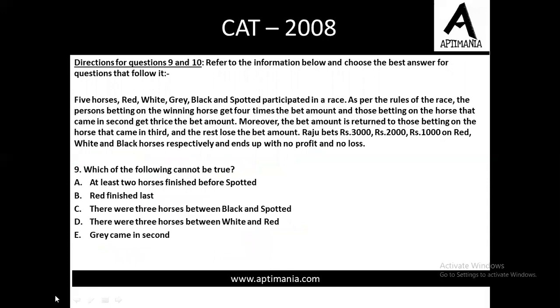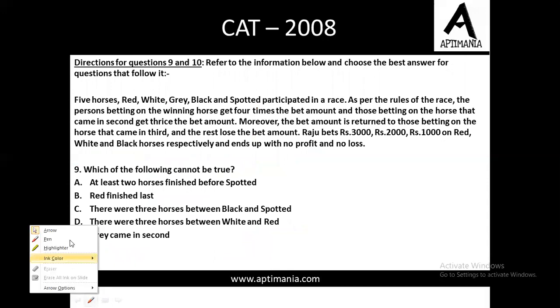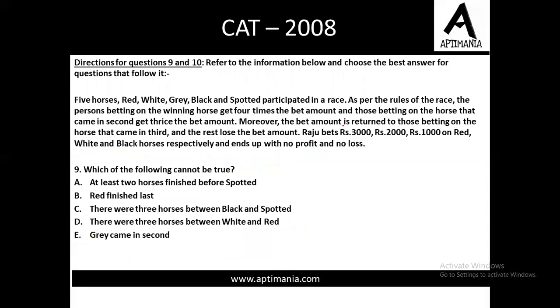Again, question number 9 is something although based out of reasoning, but was being provided in the point section only, so we'll be discussing it. Right. Again, it is a set of two questions, so we'll discuss the same. 5 horses, red, white, grey, black, and spotted participated in a race. As per the rules of the race, the person betting on the winning horse gets 4 times the bet amount.